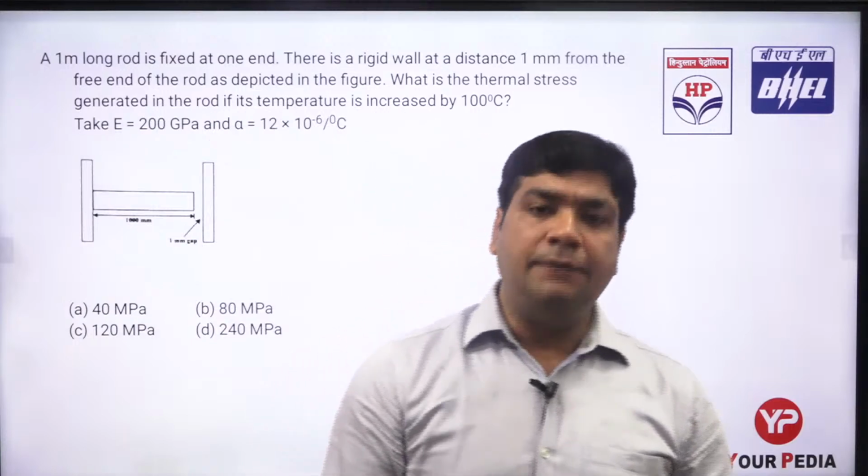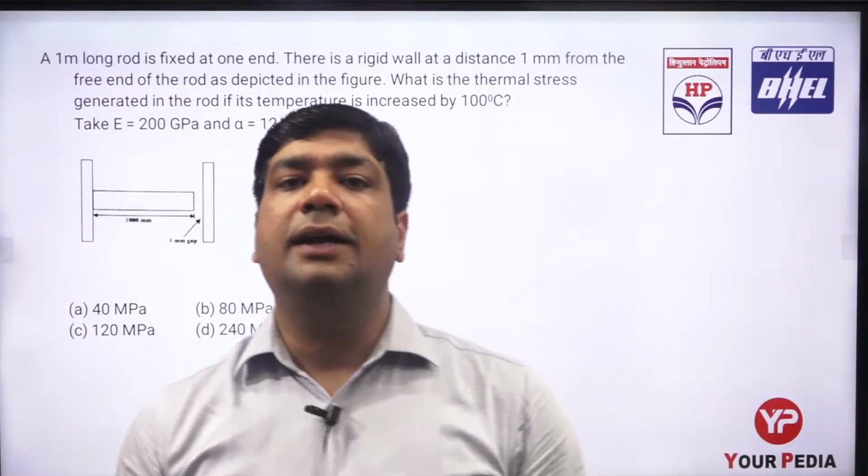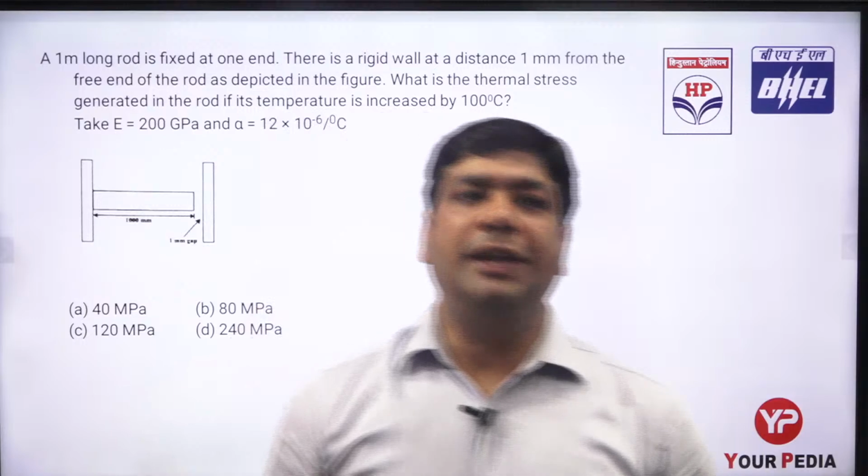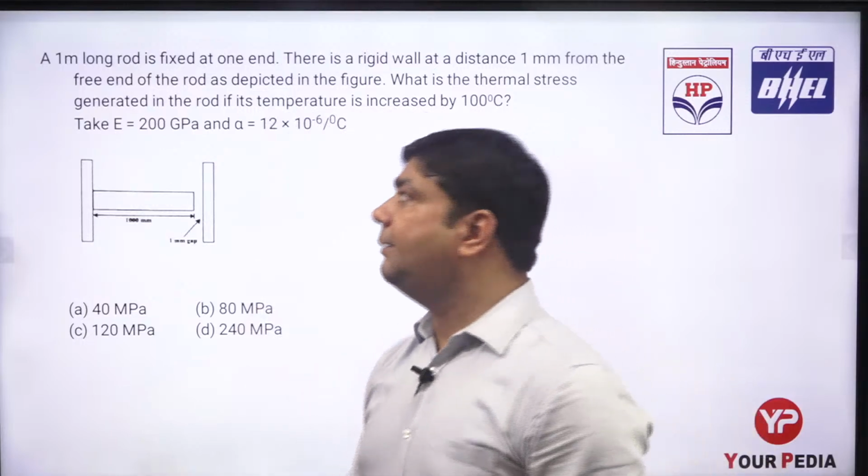Most of the time we solve the numericals by taking rigid supports. In the rigid support, what will happen? Alpha t comes directly into the numerical.